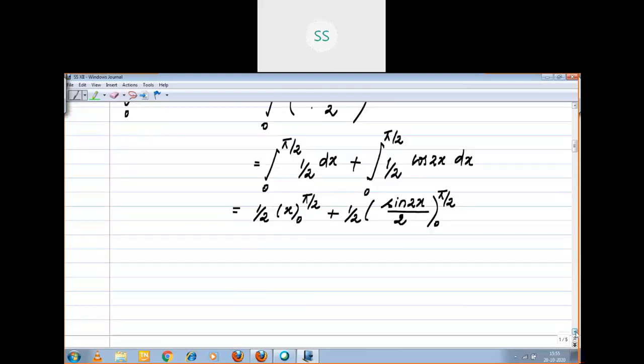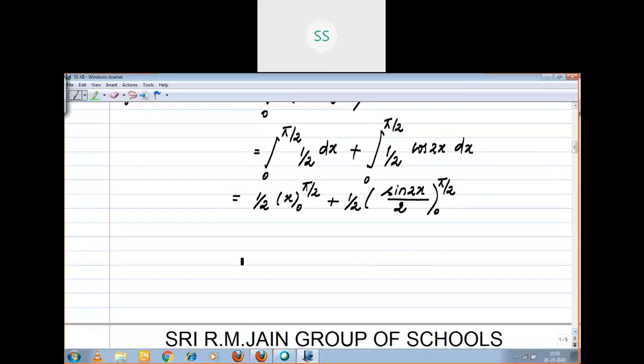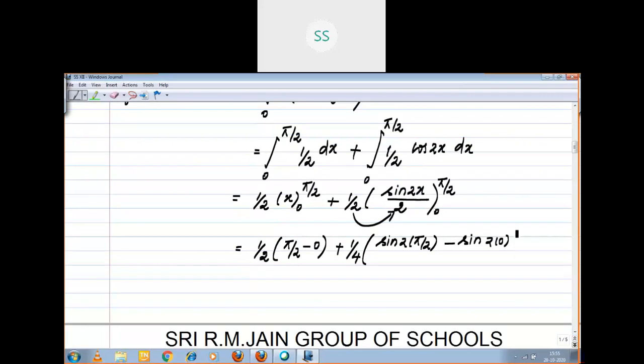Now, which is equal to 1 by 2 into upper limit minus lower limit plus, combining these two, you will get 1 by 4 into sin 2 into pi by 2 minus sin 2 into 0, upper limit minus lower limit.